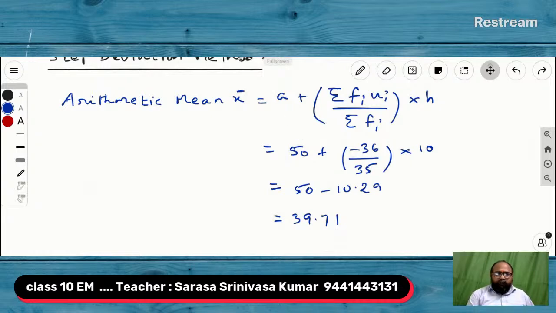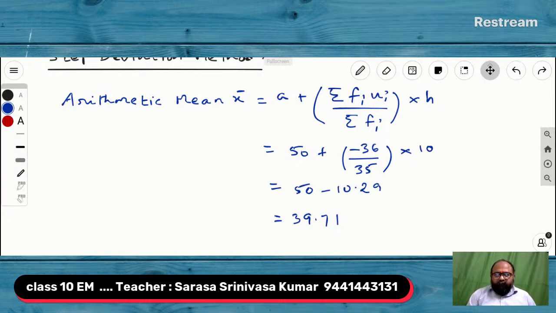So what you have to understand from this is that we can calculate the arithmetic mean by three methods. All three methods give us the same answer in each and every case.